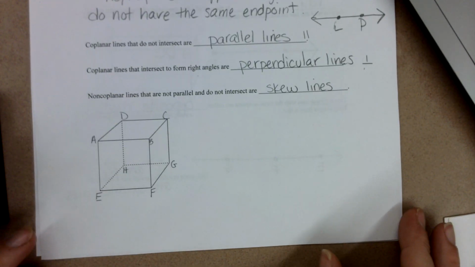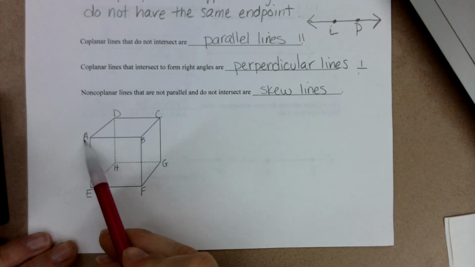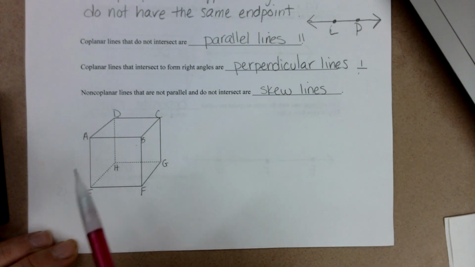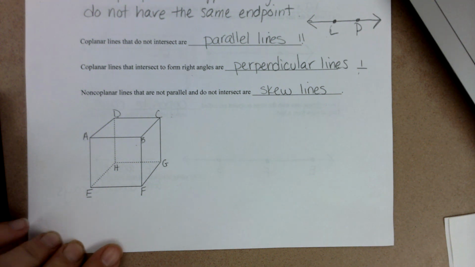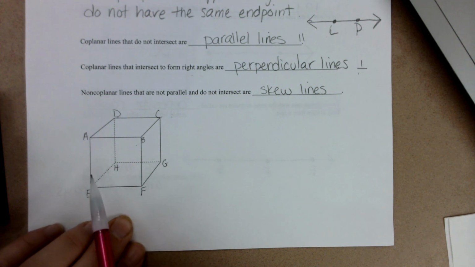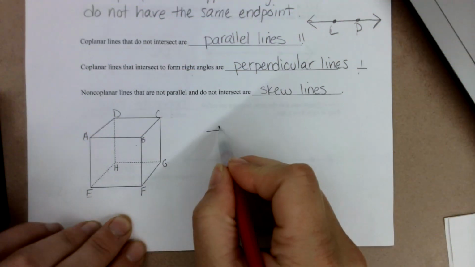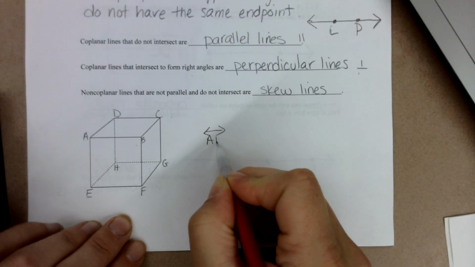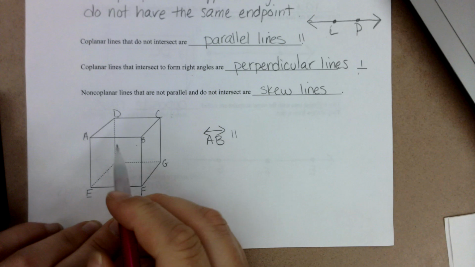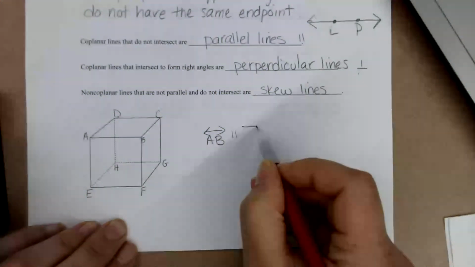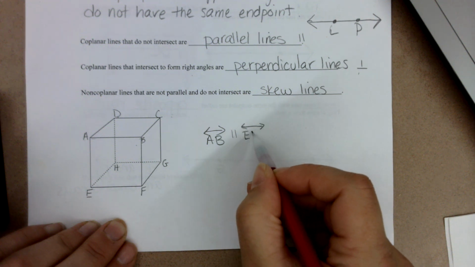Now, if you printed your notes out at home, you'll notice this box isn't labeled. The points aren't labeled, so why don't you take a minute to do that now. You can pause the video while you do that, and then just replay when you're done. An example of parallel lines on here would be line AB is parallel to line EF.